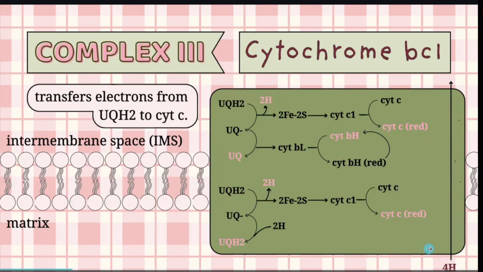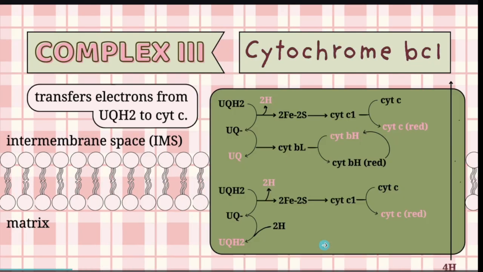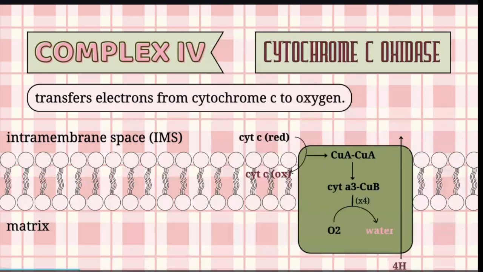So, for example, if one NADH enters the ETC, it will result in 4 protons being pumped from complex 1, 4 protons being pumped from complex 3, and only 2 protons being pumped from complex 4. Why? Because we need 2 Q cycles to pump 4 protons in complex 4.